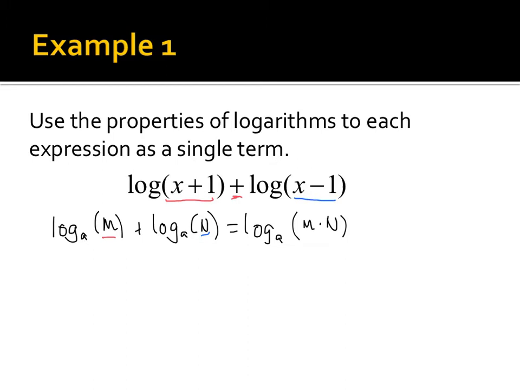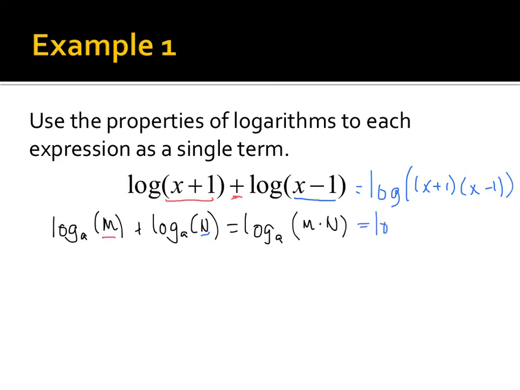So what we are allowed to do is the following. This would be equal to the log. The base is 10, but we're not going to write it down. And then I take the x plus 1 and multiply it times the x minus 1. Usually you can leave your answer like this, but today it's okay to simplify.